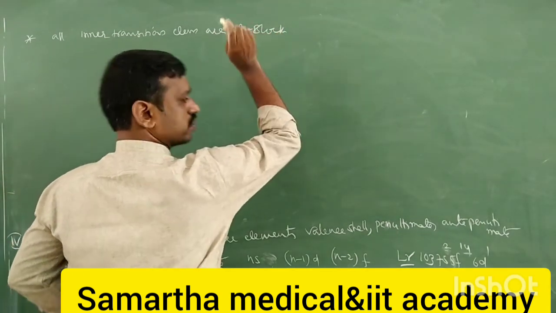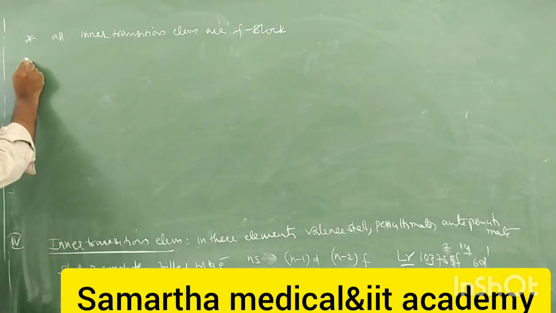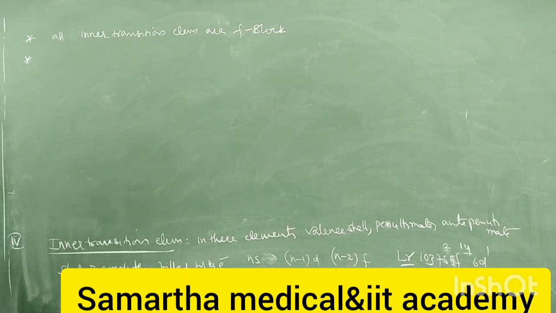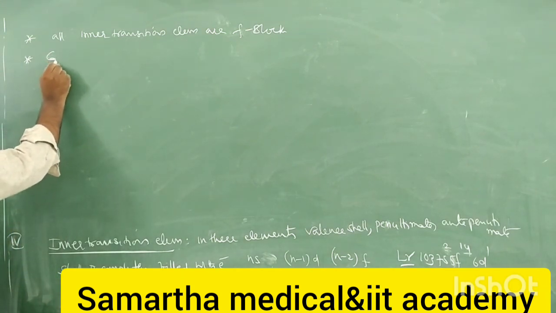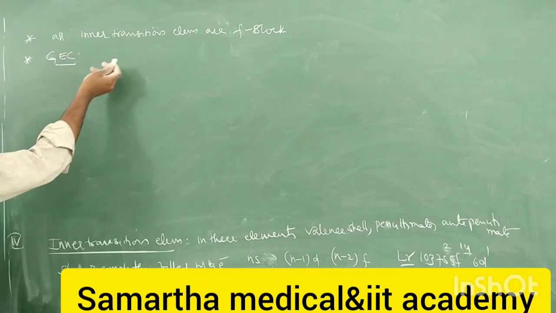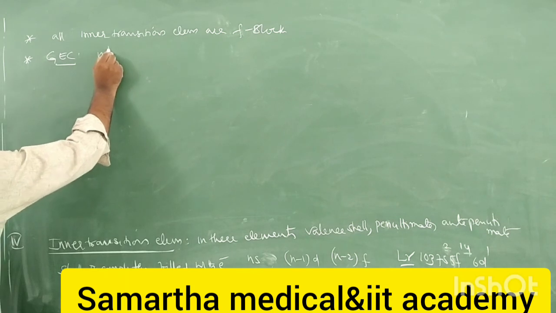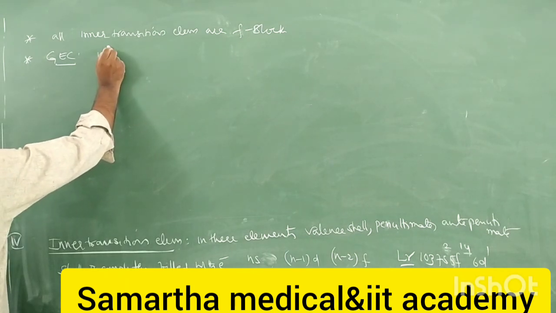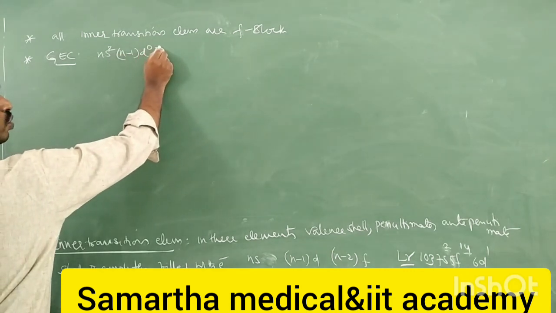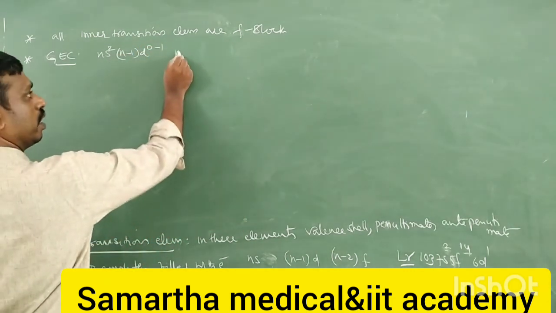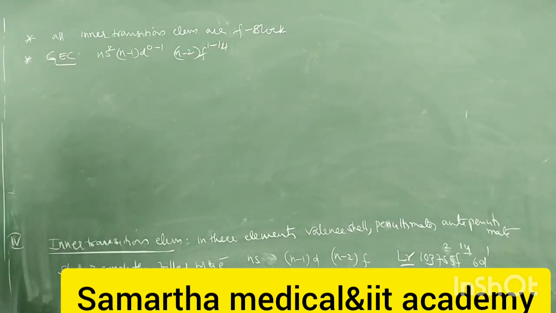There is no exception here. F block element electronic configuration we have already studied. What is the general electronic configuration of f block elements? It is ns2 (n-1)d0 or 1 (n-2)f1 to 14.